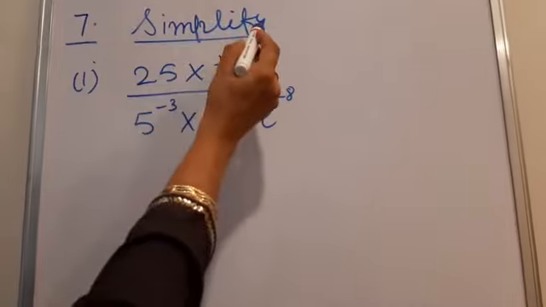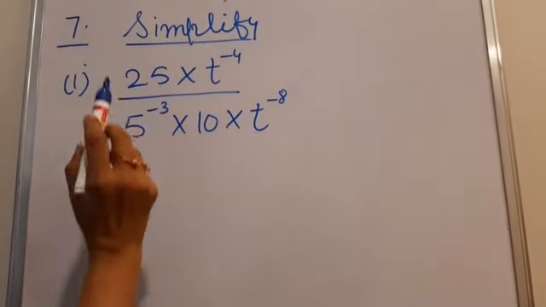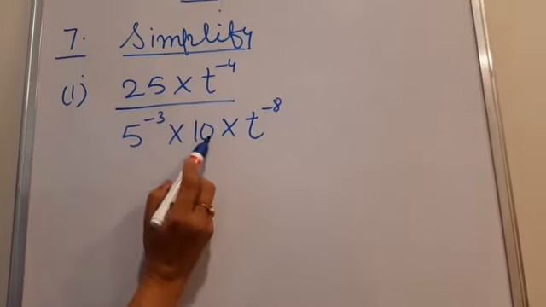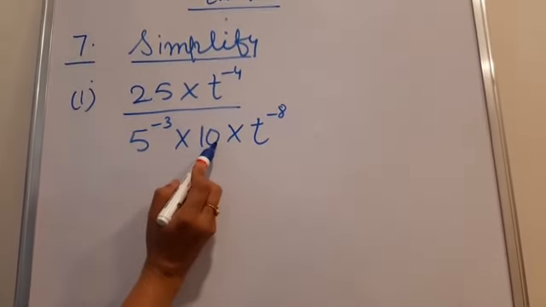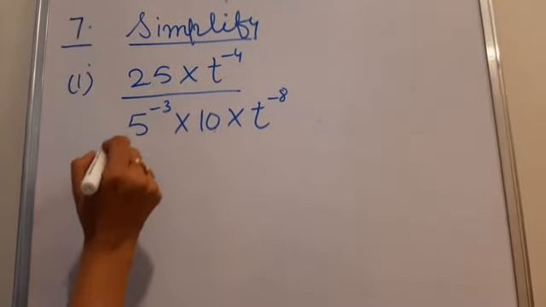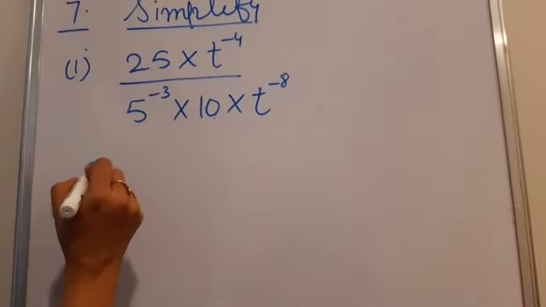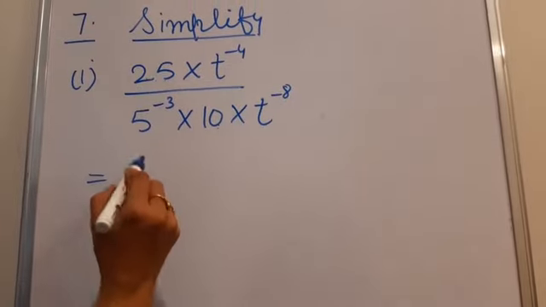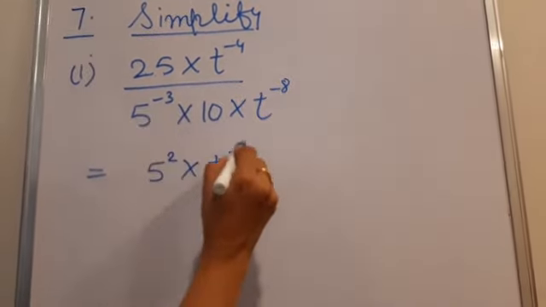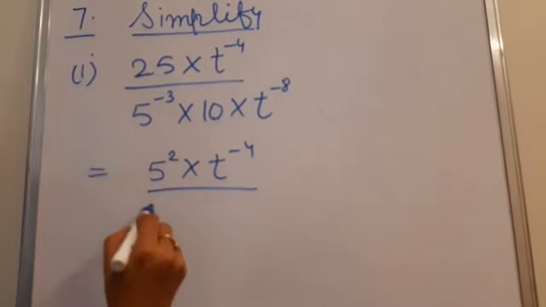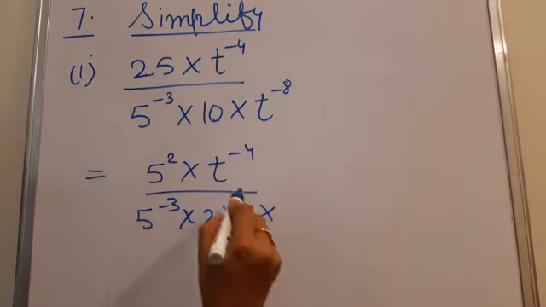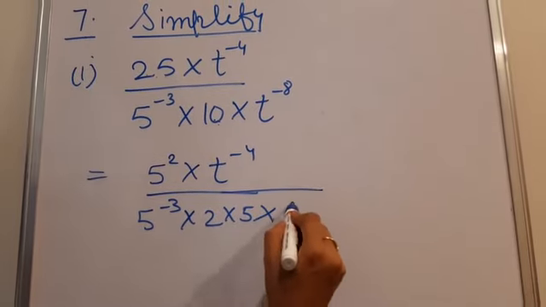Question number 7 is, you have to simplify this expression given to you. Now here these numbers are given to you. First of all we will make these numbers prime numbers. So 5 we can write as 5 square, 5 into 5, and 10 we can write as 2 into 5. In place of 10 we will write 2 into 5.